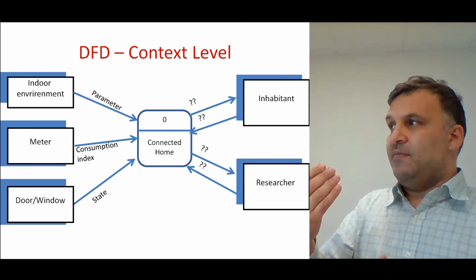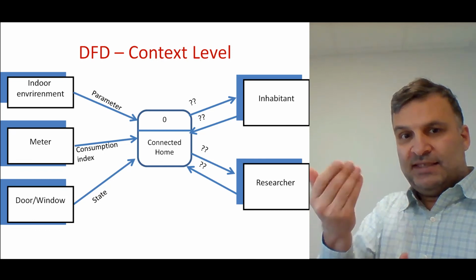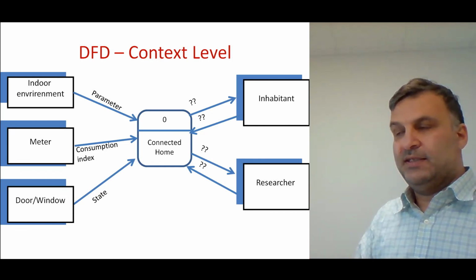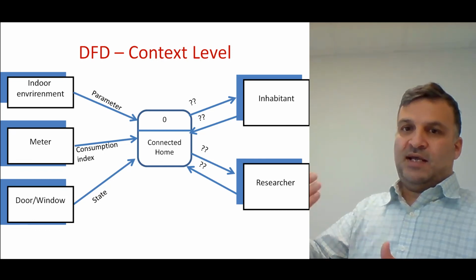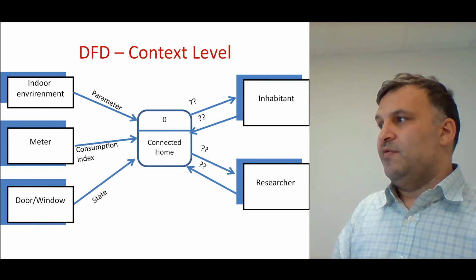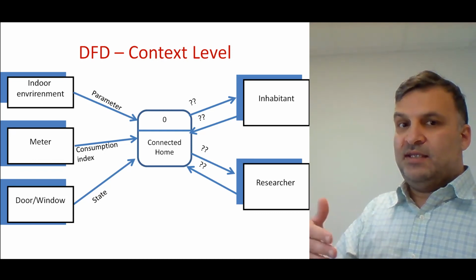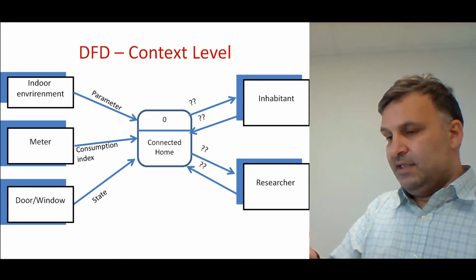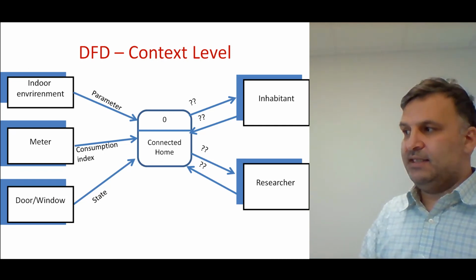it connects with the indoor environments. It gets parameters about the temperature and the humidity. It communicates with the network services of the house, with the meters, electrical meter, water meter. It can read the consumption index.